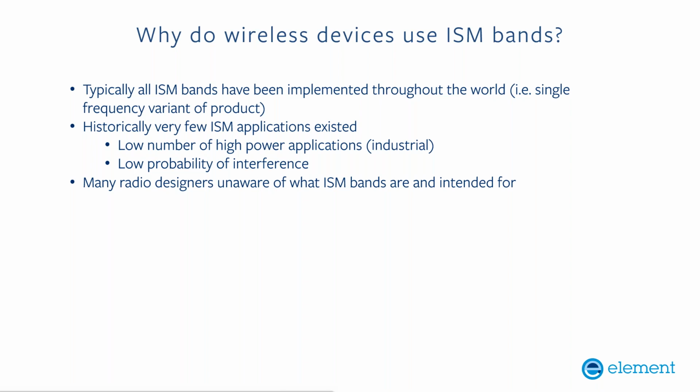I can imagine that if you go to your typical vendor for sourcing components and modules, and it says there is a very low cost 433 megahertz transmitter here, or a 2.4 gigahertz transmitter, because they're manufactured in such vast quantities, you might think, well, I'm only communicating over a short distance, the unit cost is very low, and therefore I'll just simply use that module and integrate it into my host for my particular use case, and everything is good in the world, without realizing what ISM bands actually are and what the probability of interference might be.